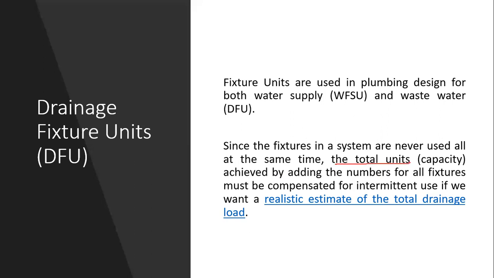Matotal ang units gamit ang adding numbers for all fixtures, must be compensated for intermittent use if want a realistic thing. Babalaan nyo na siya unya guys sa table unya example para mas lalo na masabtan.